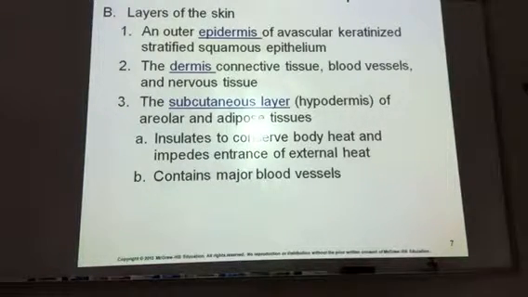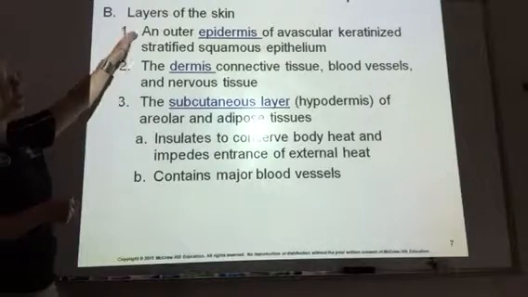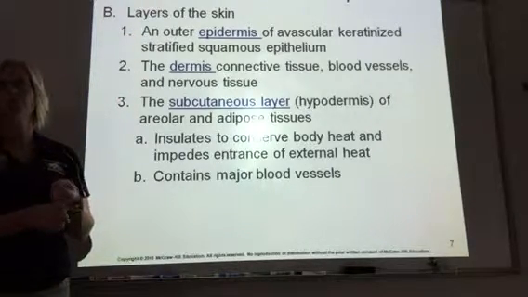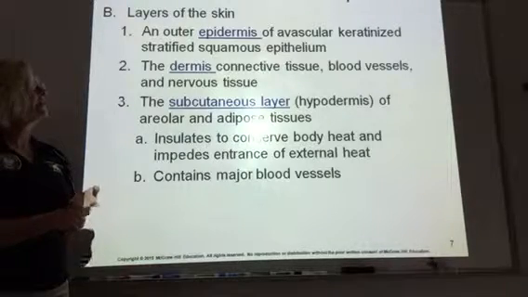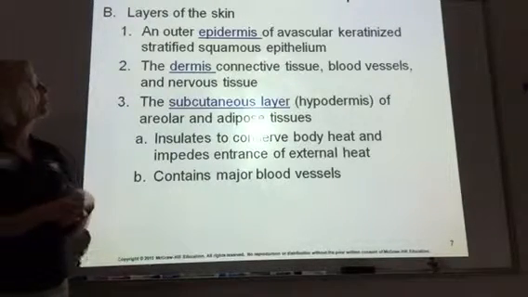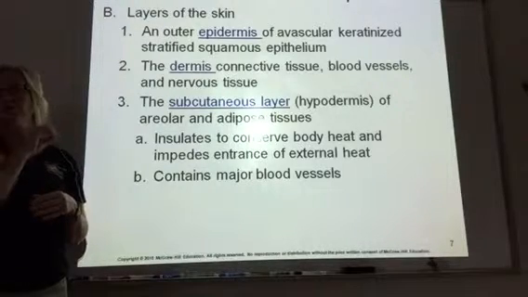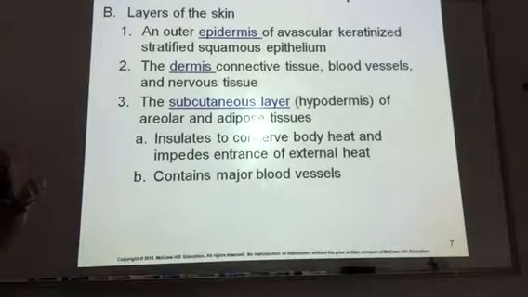Now the layers. Epi means outside, so the epidermis is avascular, where a means no vessels. It is keratinized, dead, stratified squamous epithelial tissue, as we talked about last chapter. With no vessels, you can scratch yourself and not bleed until you get down into the dermal area.